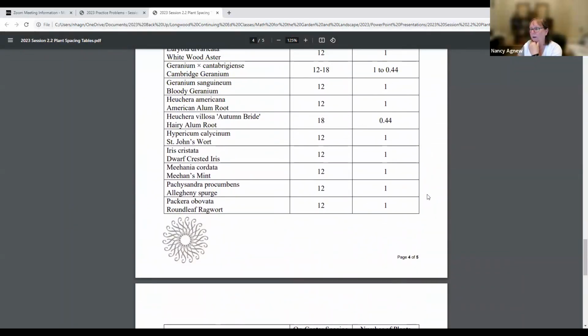Does anybody have a favorite place to buy perennials? I'm pretty close to the edge of the woods. Okay, so you buy from there. I usually buy locally. Here in Kennett Square, I go down to Lancaster County and go to Groff's Plant Farm. But I found a new place. It's called the Perennial Farm in Glen Arm, Maryland.